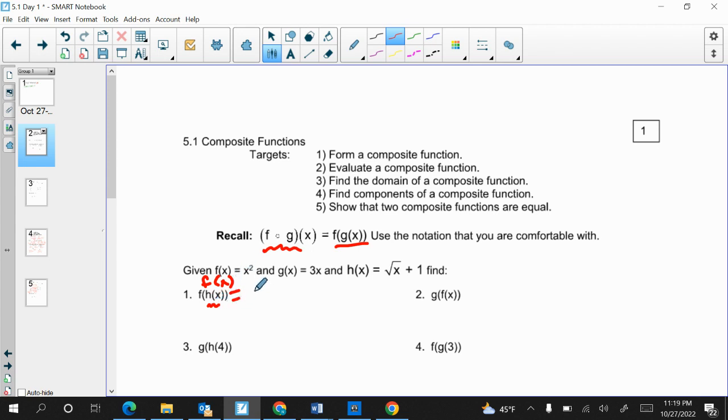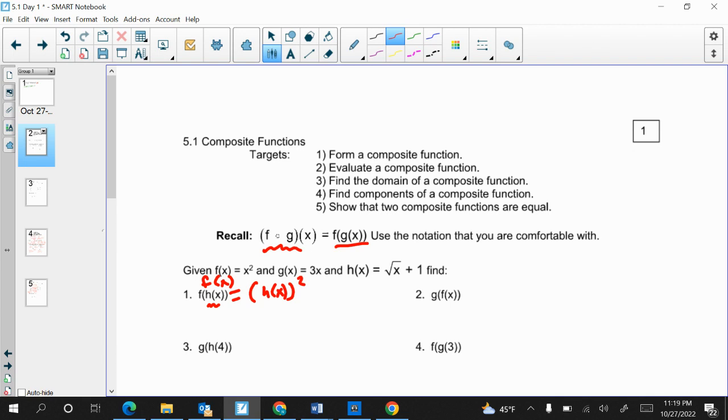So I'm going to take my f of x, that was x squared, and I'm going to replace the x with h of x, with what is directly in that function. So again, I have my square term. I'm just going to write that whatever's inside there, inside my function, is h of x. Okay?